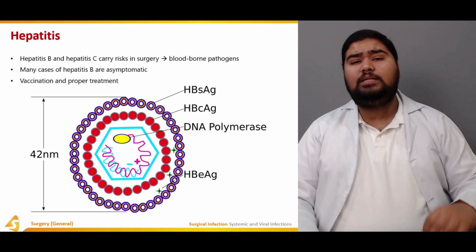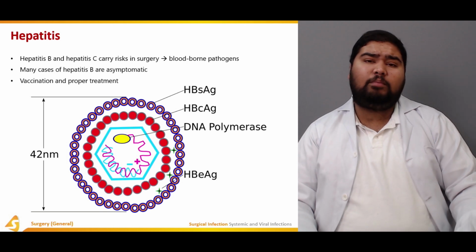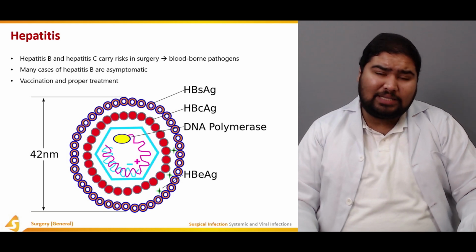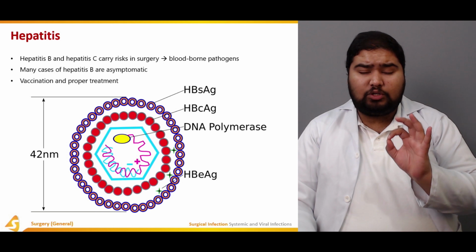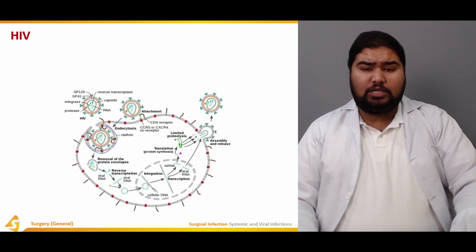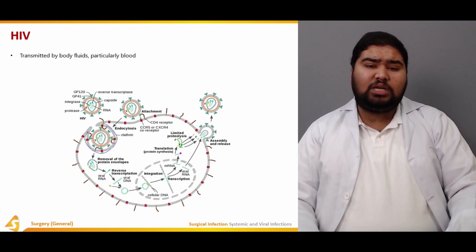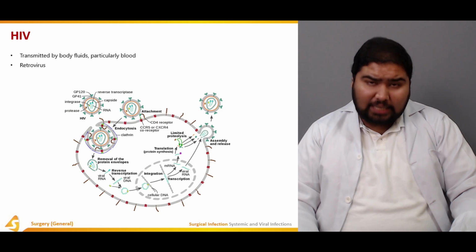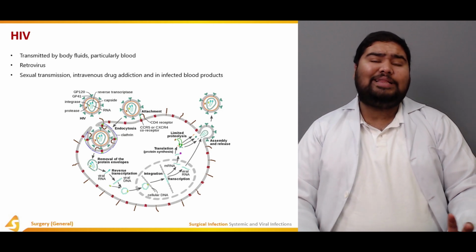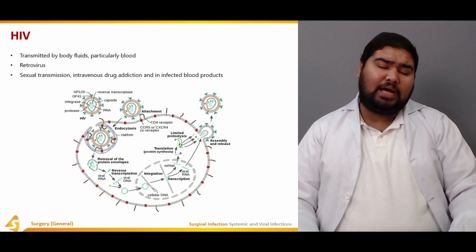For the doctors, you should always double glove yourself and prevent yourself from a prick injury if that occurs. You should always proceed to vaccination and proper treatment. In cases of HIV, it is transmitted by bodily fluids, particularly blood. It is a retrovirus. There's sexual transmission, intravenous drug addiction, and infected blood products.